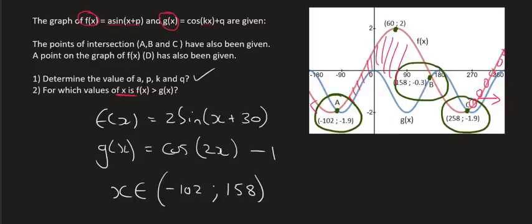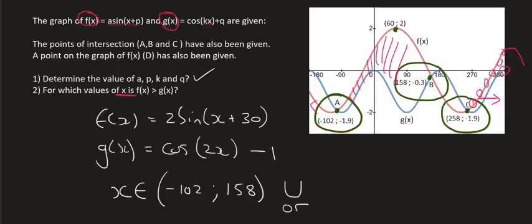Then we're also going to include, so you can either use the symbol, which stands for or, or you could just say the word or. And then we want to go from C. Now we're not going to go to infinity. Remember, you must always go within the domain that they've given you. So we're going to go from C up to 360, because it's not going to go to infinity. If these graphs had to continue, eventually this sin graph would turn back down and it would cut through the blue graph again.